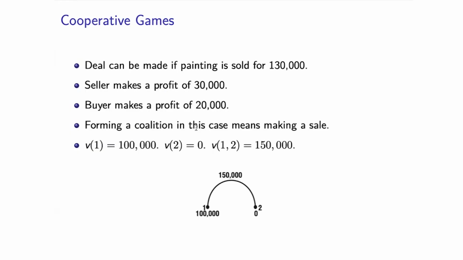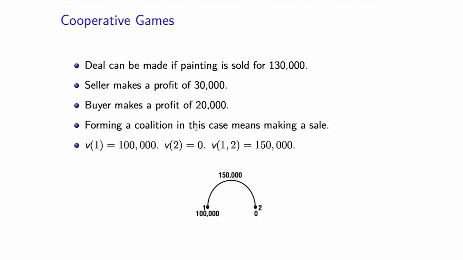So if you have got only one staying separately, then the value is basically just 1 lakh, because then no trade is taking place. The value of no trade to person 2, who was the buyer, is 0. But if a trade does take place, then the value is actually 150,000, right? Why is it 150,000?